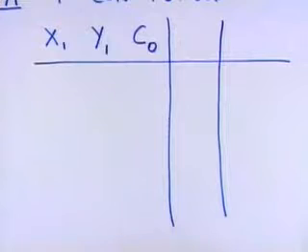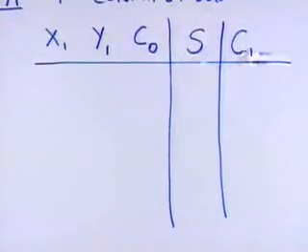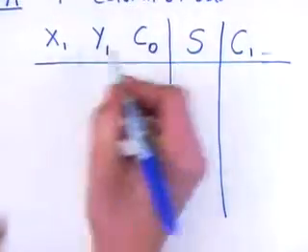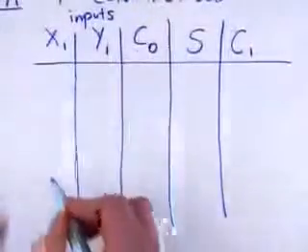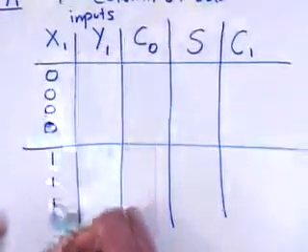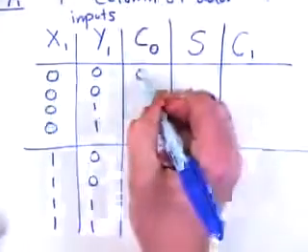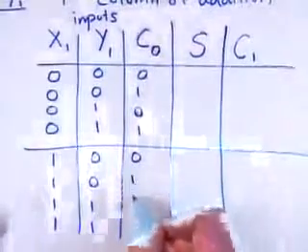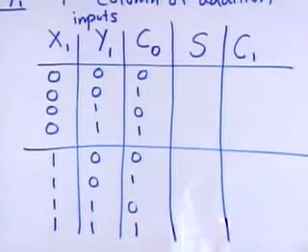The outputs should be the digit at the bottom of the column and the carry for the next column. I'm going to call those the sum bit and the next carry, C1, because it came from column 1. X, Y, and C0 are my inputs, so I can fill them out like I normally do for binary. Since there are 3 of them, I have 8 rows in my truth table. Then I just have to figure out what happens for every single row when I do addition.